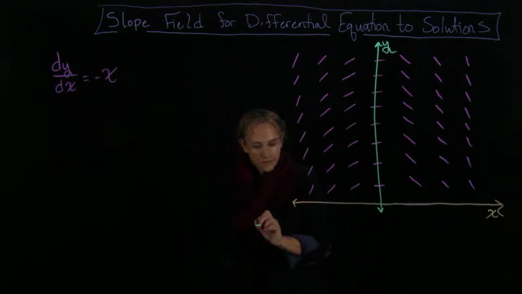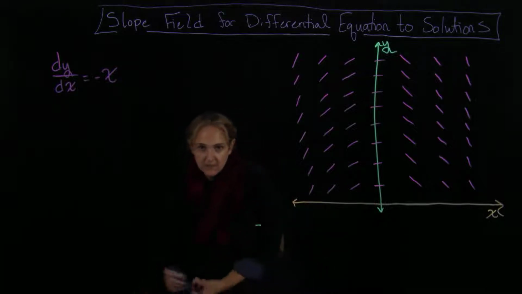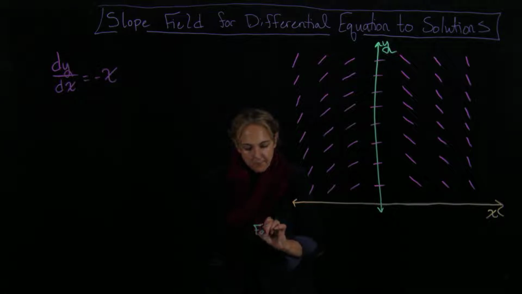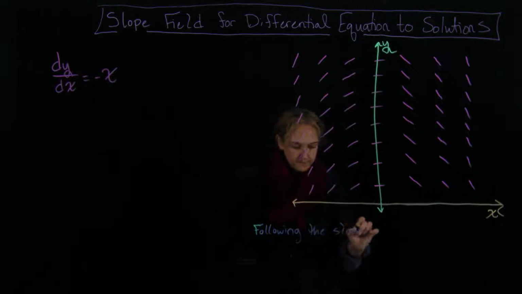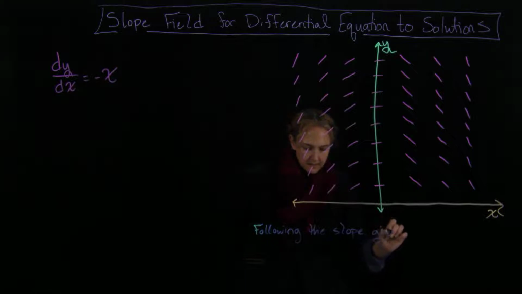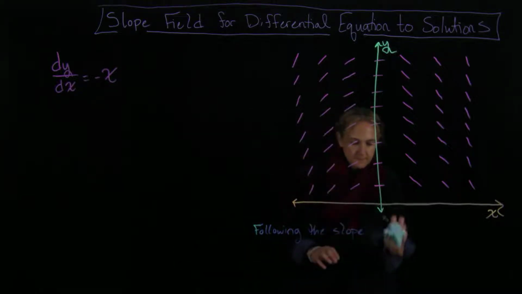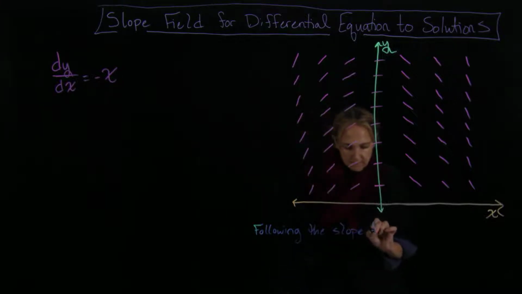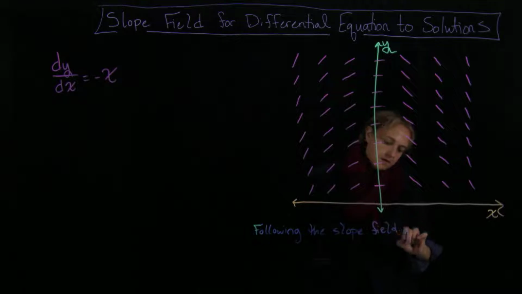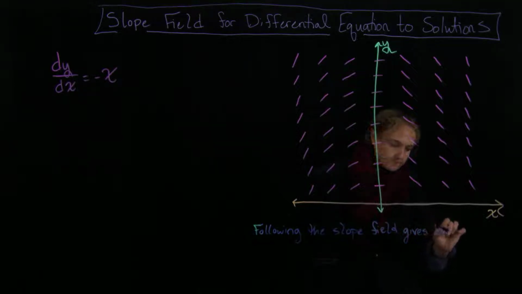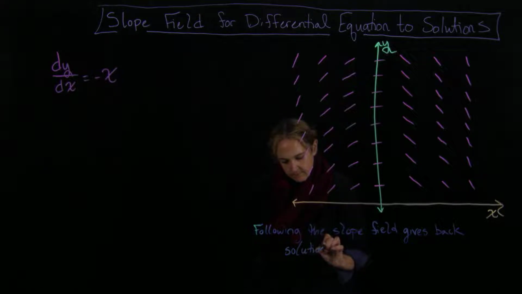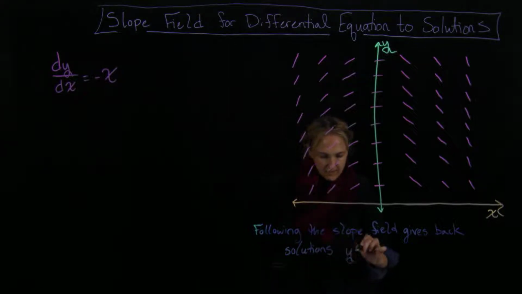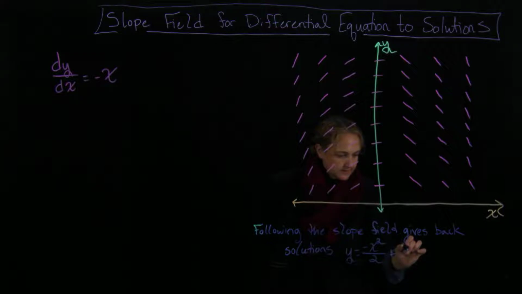Following the slope field gives back solutions y equals minus x squared divided by 2 plus c.